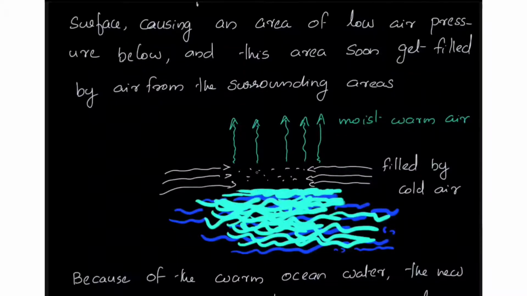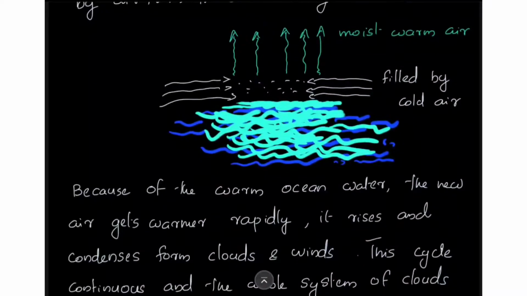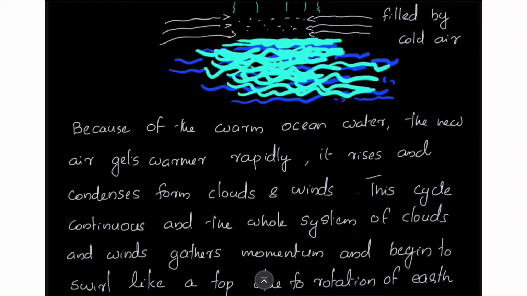When this cool air reaches the surface of the warm ocean water, it gets warm rapidly, rises upward again, and condenses in the top layer of the atmosphere and forms clouds and winds.